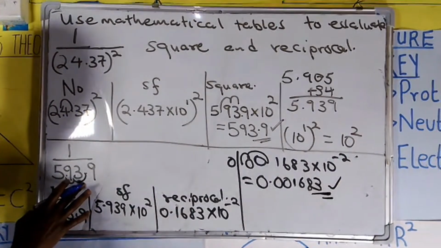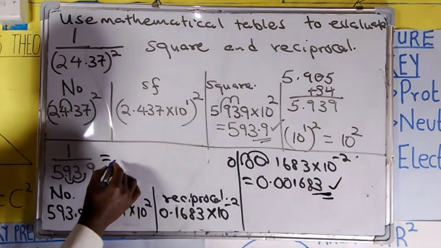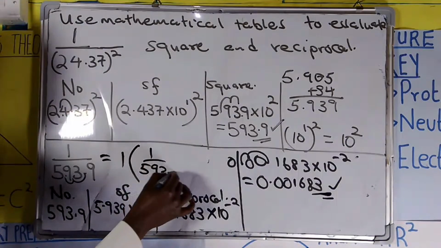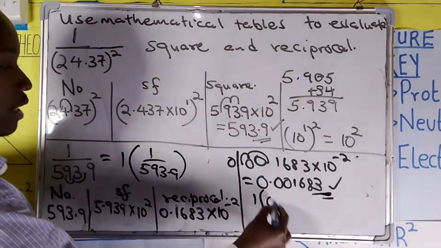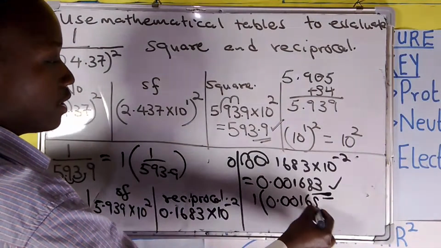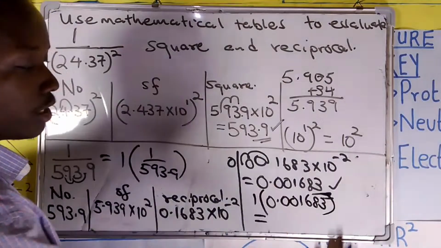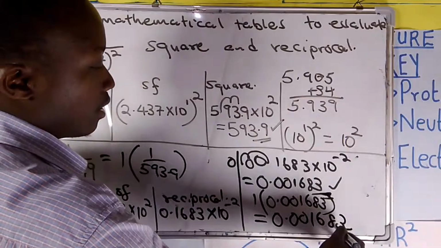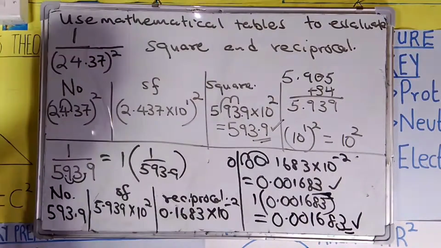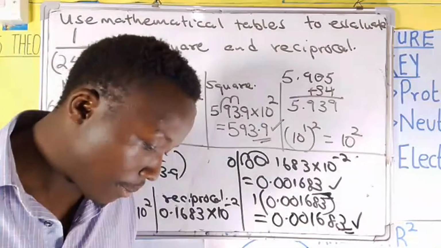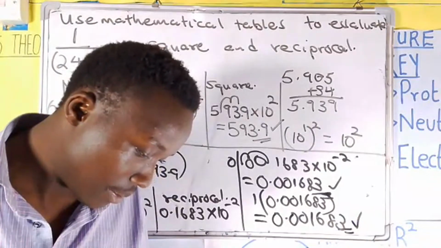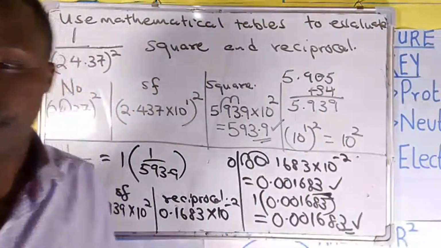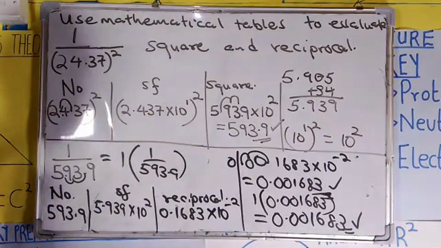So we have got that as the reciprocal. Remember, this one is the same as 1 multiplied by 1 over 593.9, so it is 1 multiplied by 0.001683. Once you multiply, you will still get 0.001683.